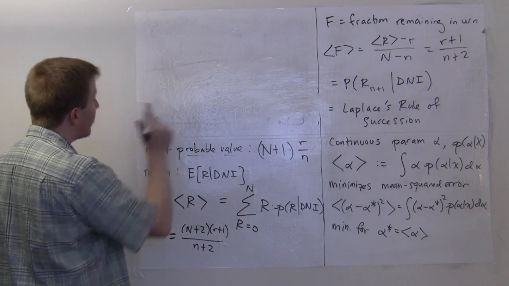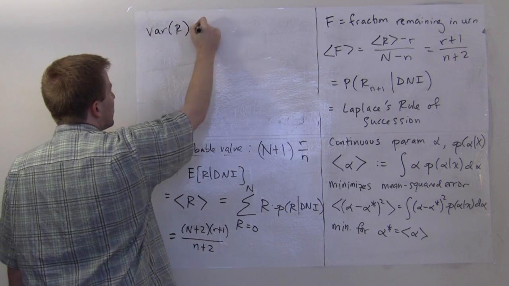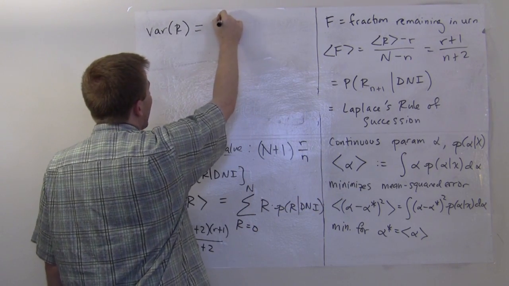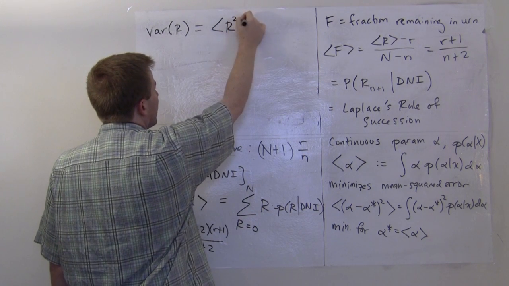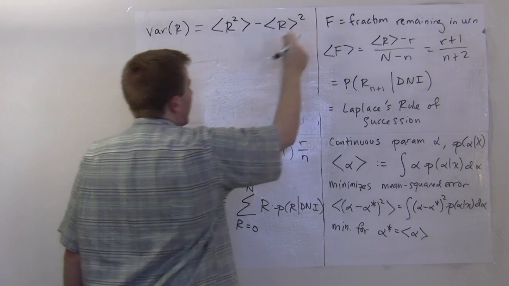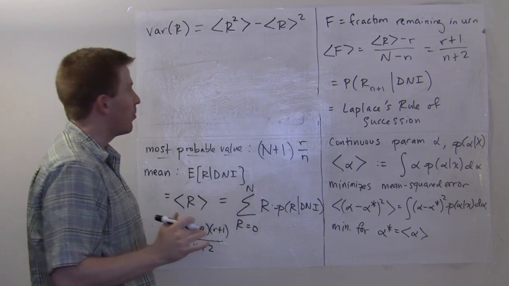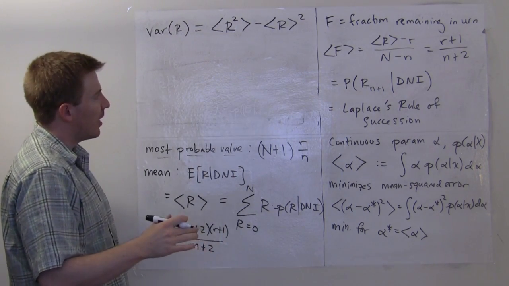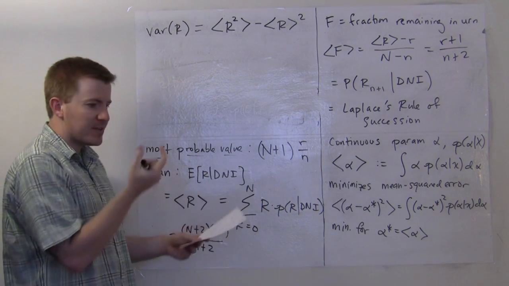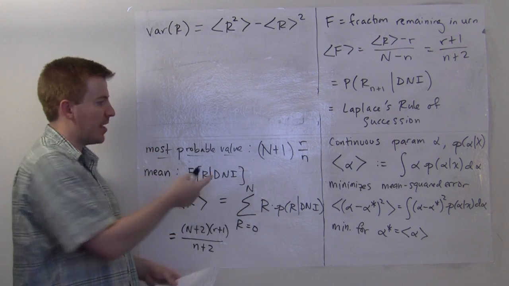The way you typically summarize that is the variance of the distribution, which works out to be the average of the squares minus the square of the averages, where the average is over the probability distribution assignment for R, this unknown parameter. That's a measure of how spread out the distribution of R is, and the smaller it is, the more tightly concentrated our probability assignment is, and the more accurate we would claim this estimate to be.